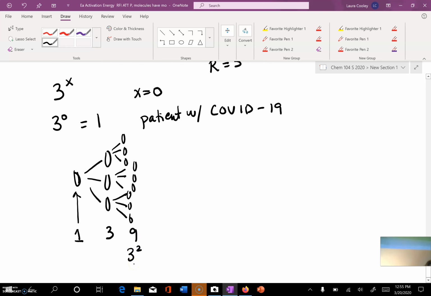And now we go one more step, which I really don't have room to show, but each of these would give 3 more. Okay, so that's 3, 3, 3, 3, 3, 3, 3, 3, 3. 3 times 9, which is 27, which is 3 cubed.